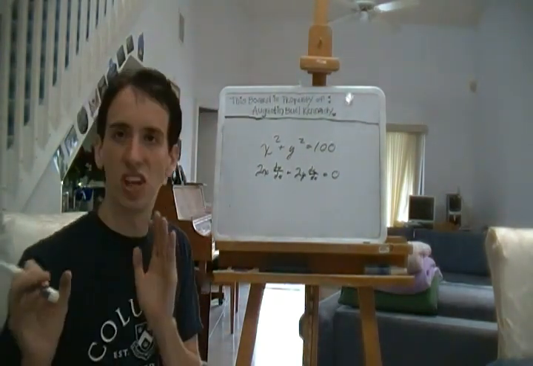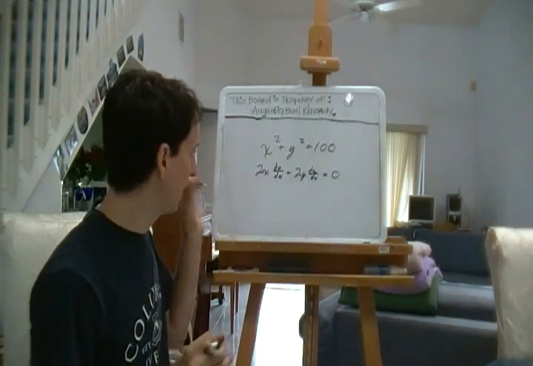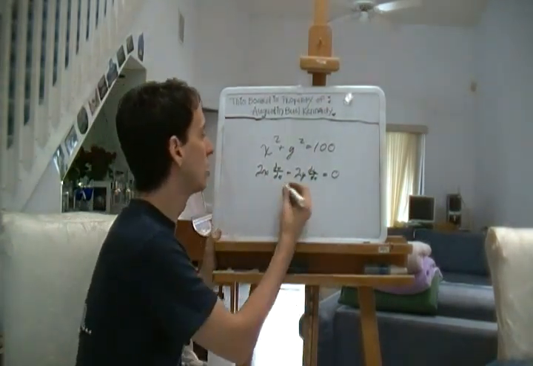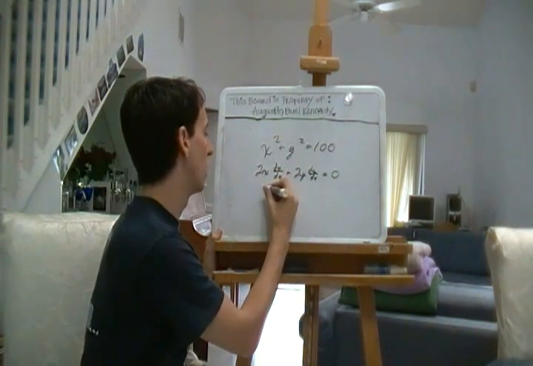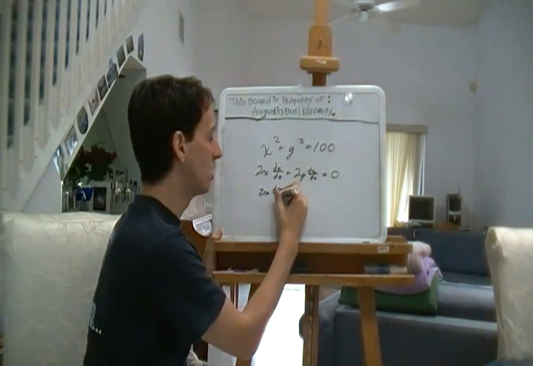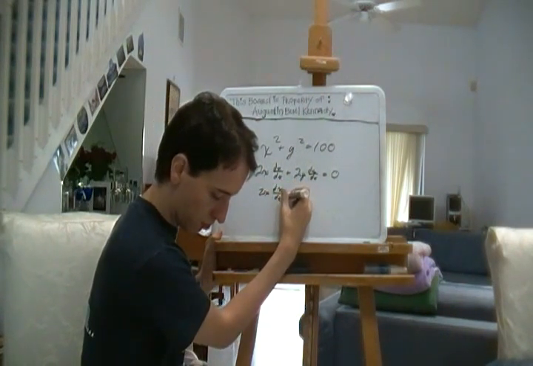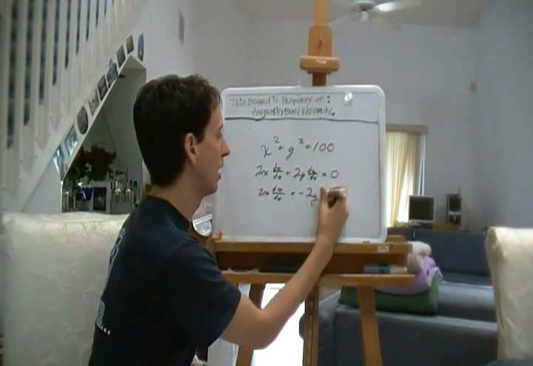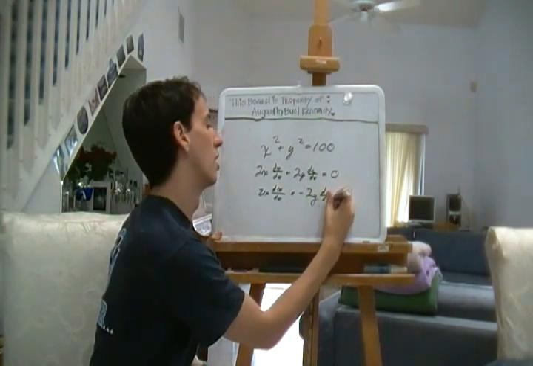So now we're seeing what we've got. We need to relate dy/dt to dx/dt, and it's going to be very easy to do. I'll write out the steps: 2x dx/dt equals negative 2y dy/dt.